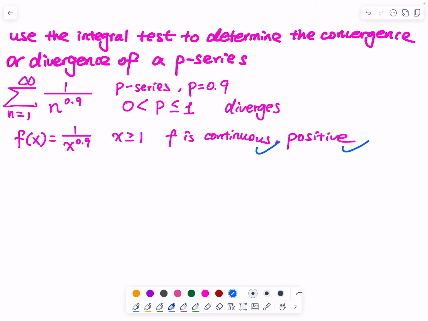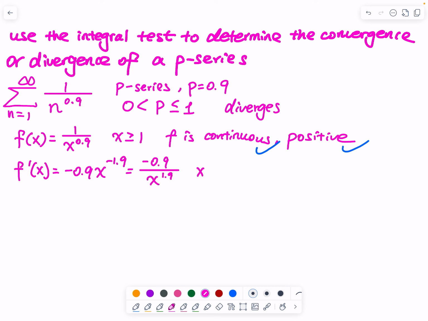So continuous is checked, and positive is checked. Regarding decreasing, you have to take the derivative of x raised to the negative 0.9. We bring the power down, and negative 0.9 minus 1 is negative 1.9. This equals negative 0.9 divided by x to the 1.9.